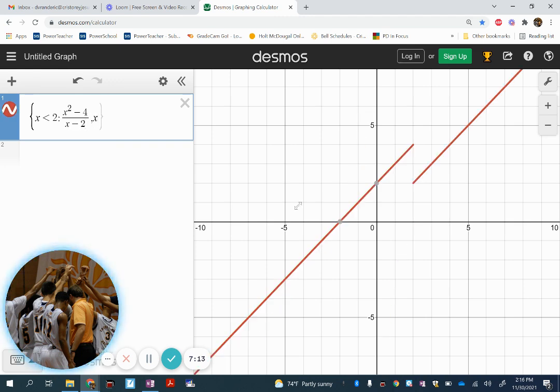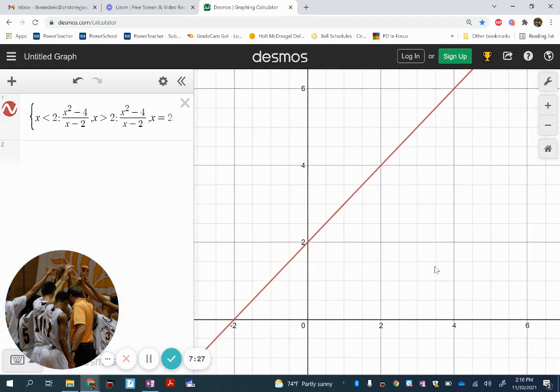And for values greater than 2, the same thing, x squared minus 4 over x minus 2. And then finally, for when x is equal to 2, it's just 1. All right, you might not see it yet, so let me zoom in for you.